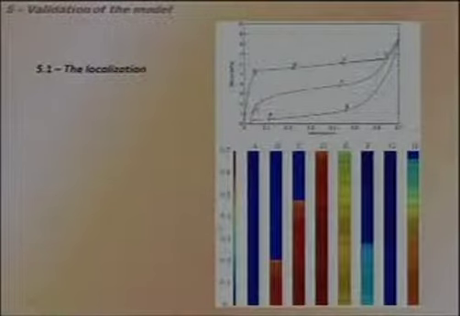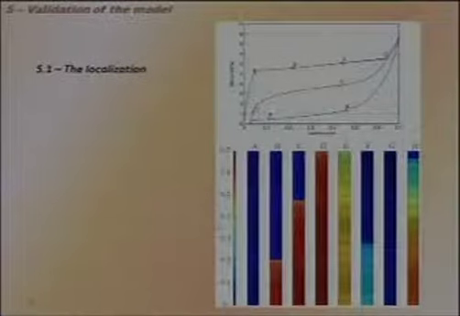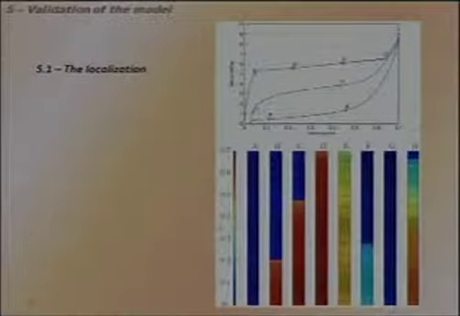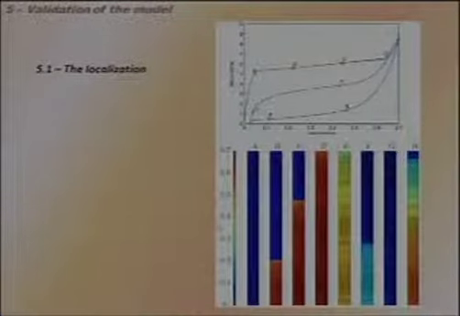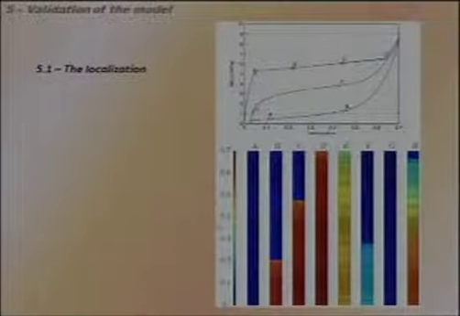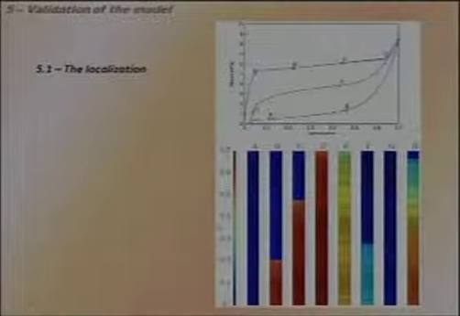There, we have the localization, as previously. In C, the localization is progressing. There, all the sample is in the second phase. That means that all the cells are crushed.